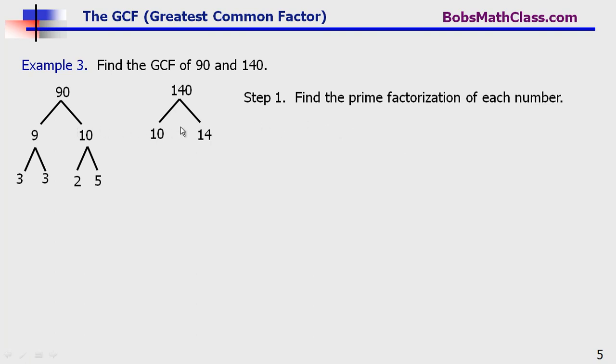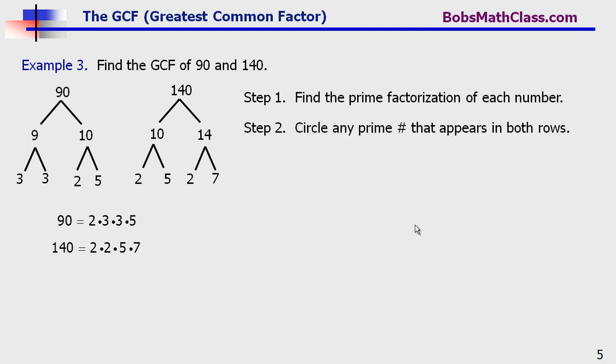Anyways, it's always nice. When you see a 0 at the end, you could always use a 10. So 10 and 14, 10 breaks down to 2 and 5, and 14, 2 and 7. So for 90, we have a 2, 2 3s, and a 5. And for 140, we have 2 2s, a 5, and a 7.